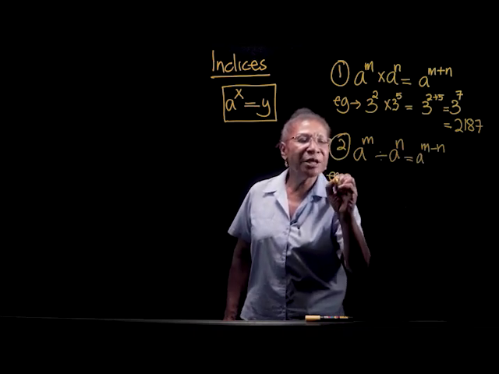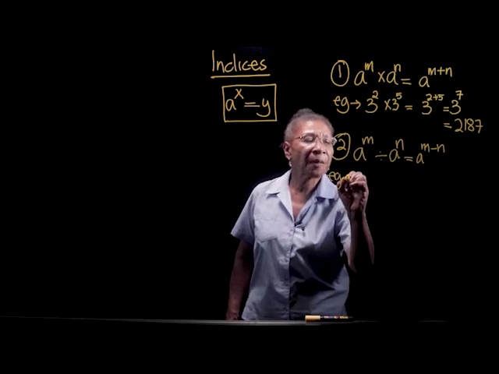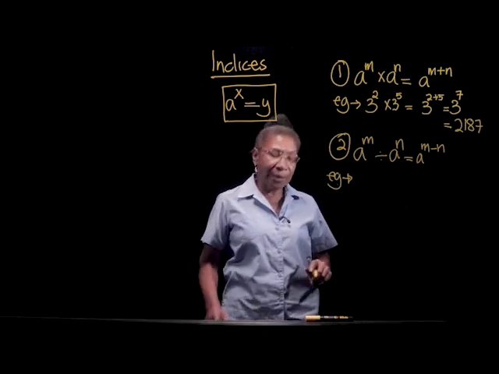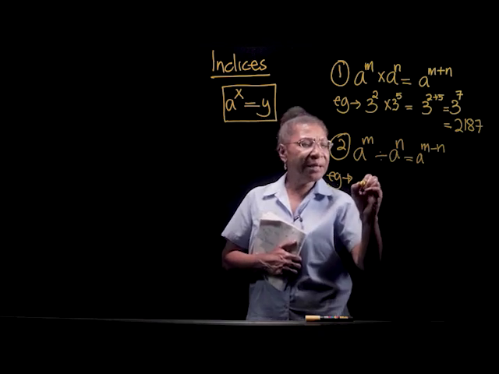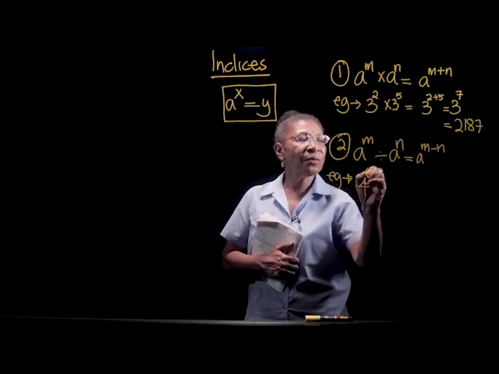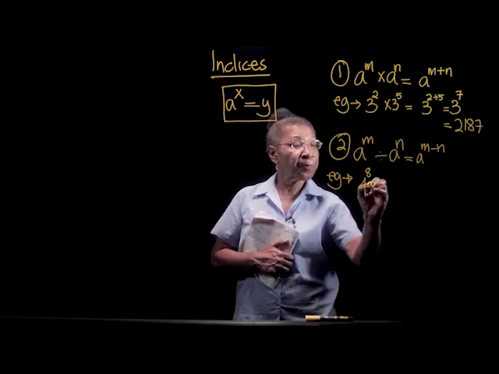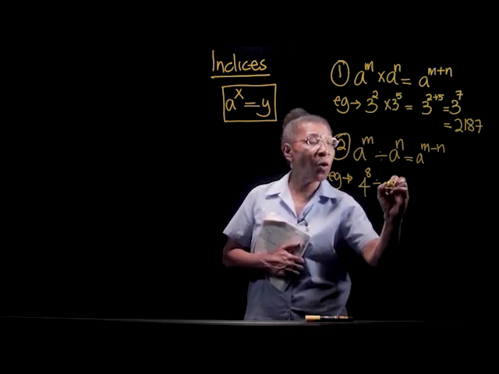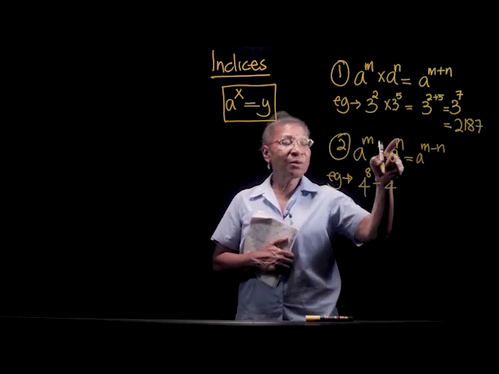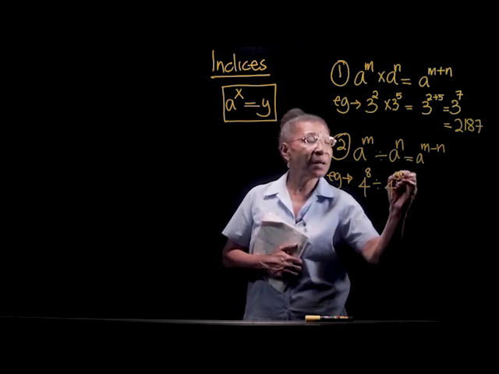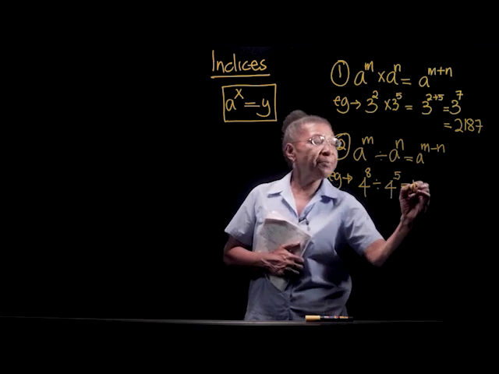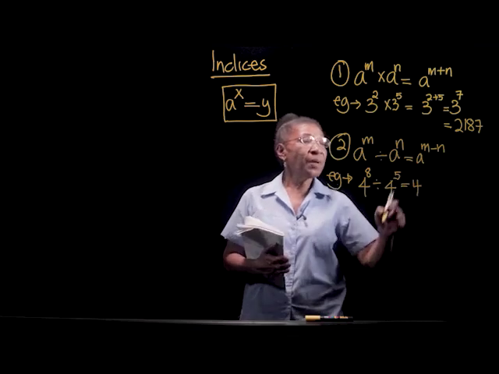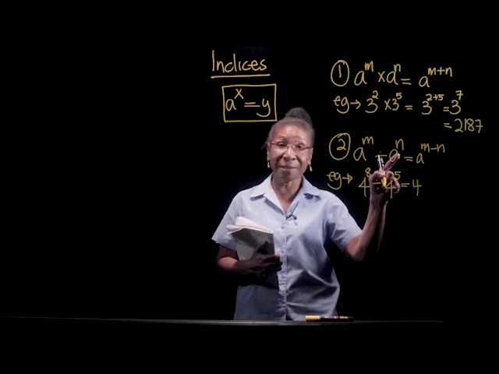Let's look at a numerical example. If the base is 4, it is raised to the power of 8. It is divided by 4, again, raised to the power of 5. The fact that the bases are common, we keep the base, which is 4, and what do we do with the powers? We subtract.